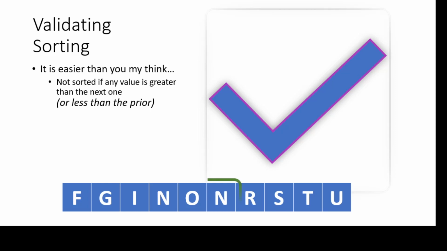If we look in the middle of this list, we have a situation where O is greater than N, or N is less than O, and so this list is not yet sorted. All of my test cases are really simple. When I send you a list, an array, and you sort it and it comes back, I just loop from one to the end to make sure every item is less than the next item. If that's true, then it's sorted.